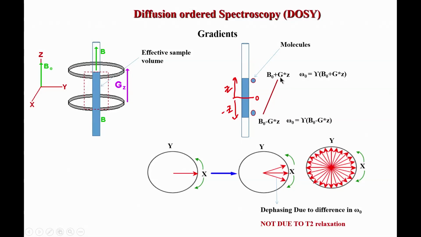These additional magnetic fields are in addition to B0, our external magnetic field which is already present. Remember, B0 is always present, we are not changing that value. What we are doing is adding an extra magnetic field across the sample, wherein the topmost part gets this added magnetic field and the bottommost part gets a subtracted magnetic field.